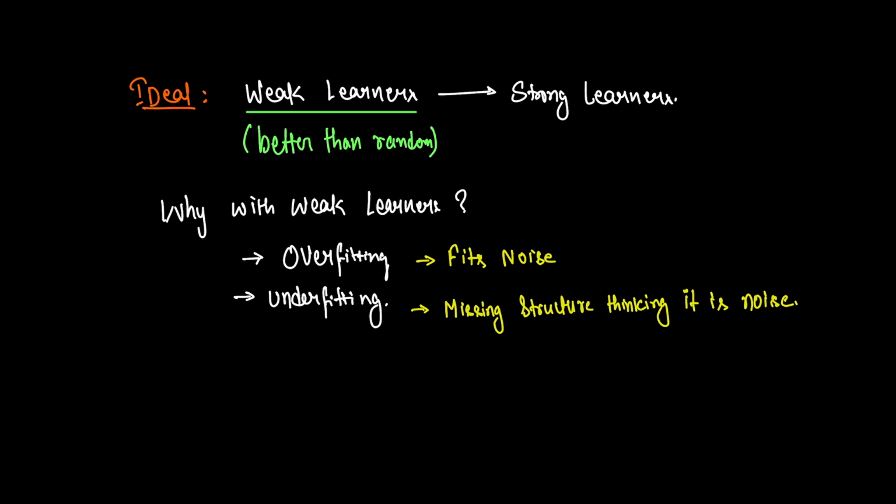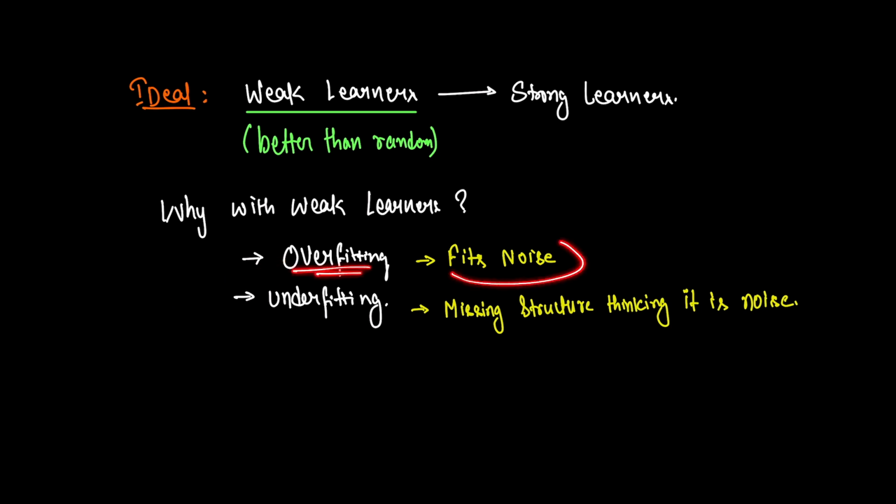Now there are two scenarios: either it will overfit or it will underfit. Let's say we selected an algorithm which does not perform that much, so it is underfitting. But there is some algorithm which is performing exceptionally well. That is overfitting.